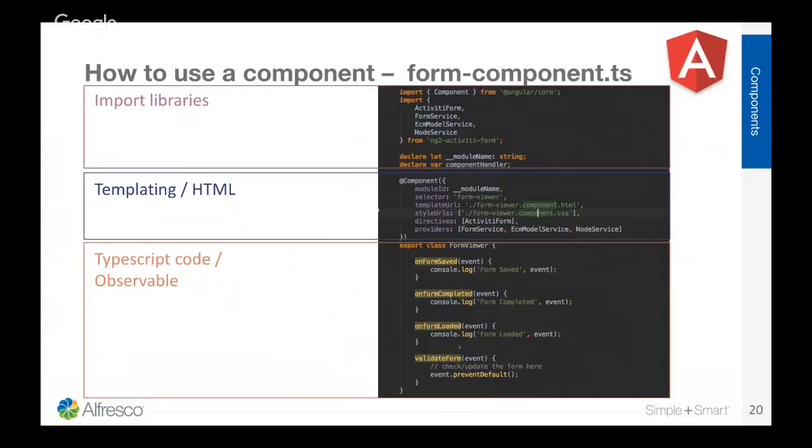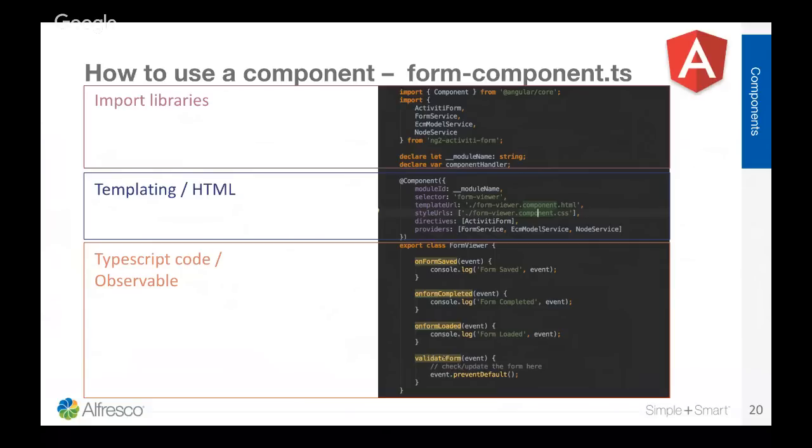For example, we can decide to intercept the click on the complete button or the save button, or maybe we want to do some custom validation. And this is the way that we provide to customize and take control of the flow of the application.